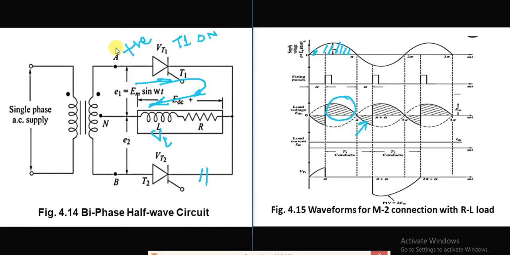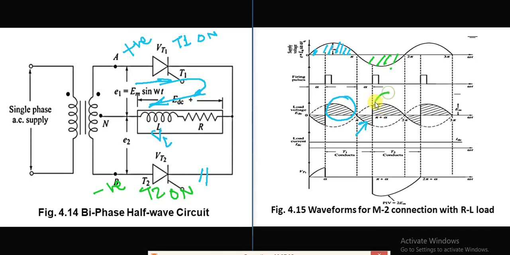During the negative half cycle, T2 is on and T1 is now off. When the triggering pulses are applied during this negative half cycle, SCR T2 is on.